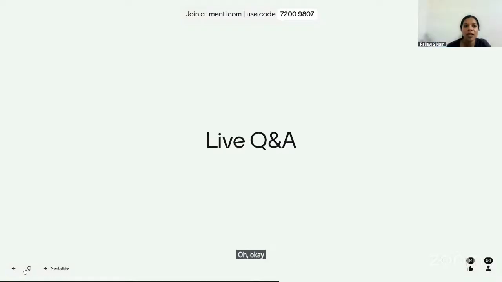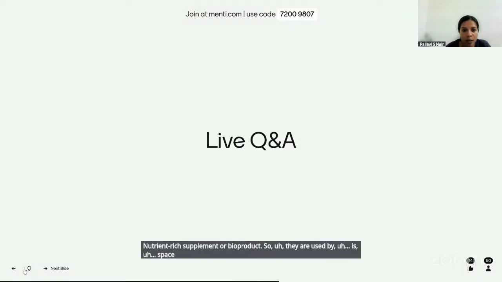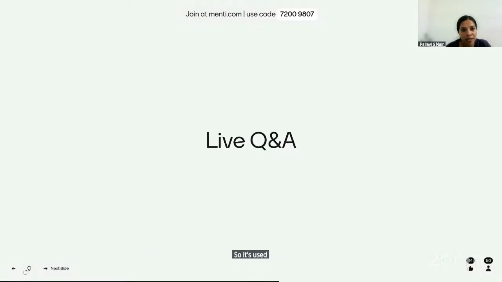Okay, so spirulina is used as a nutrient-rich supplement or bioproduct. It is used by space people who are going to space. It has a high nutritional value, the organism itself. So it's used as a supplement or a food additive. Nothing is extracted from it and used.